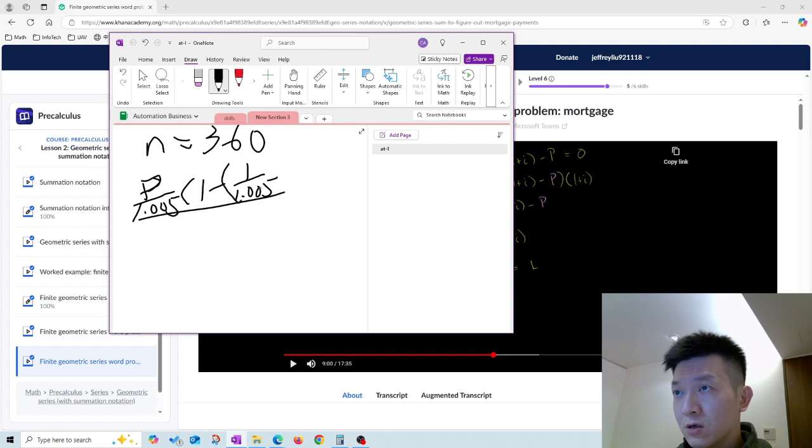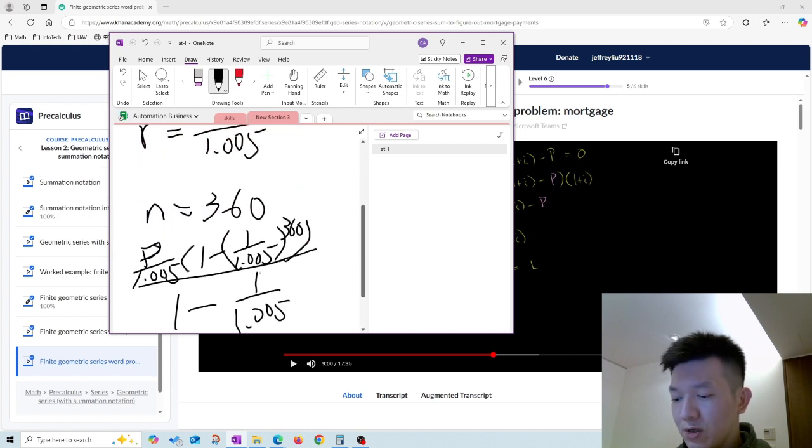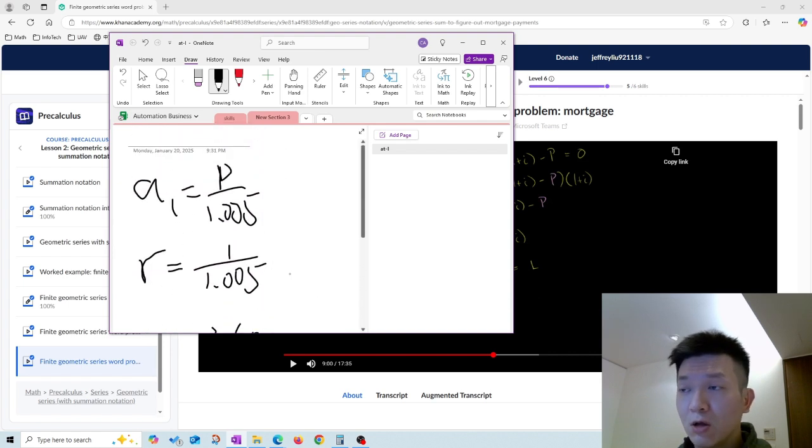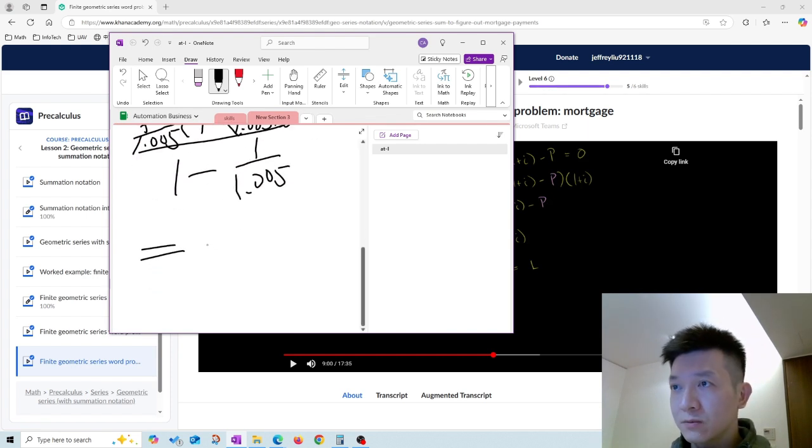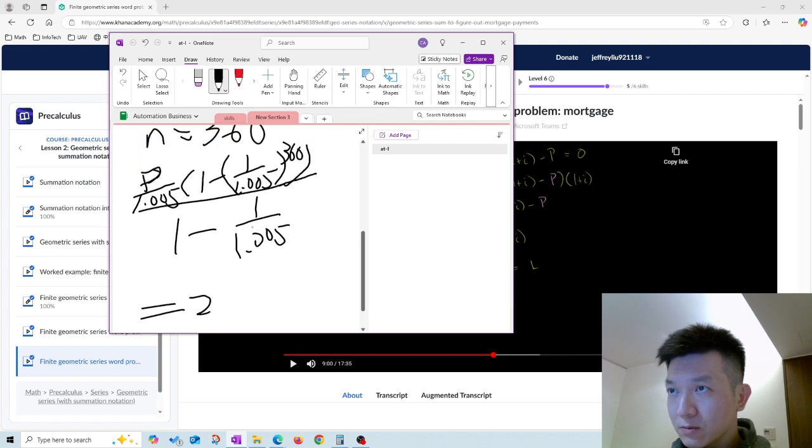And that will equal what? We leave our 200,000, our loan, on the other side. Of course, your payments, if you sum it up, have to be your original loan amount. You have to pay it off, plus your interest.